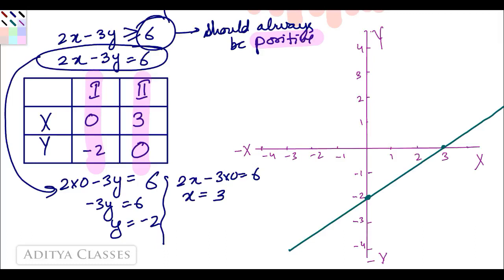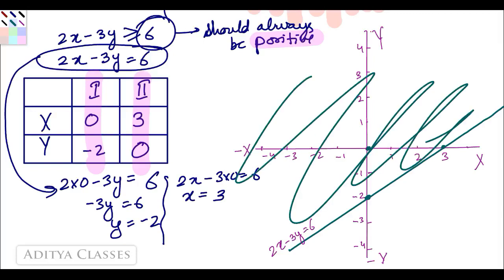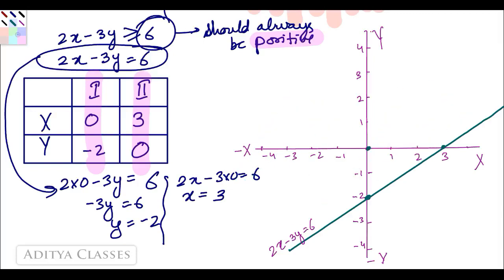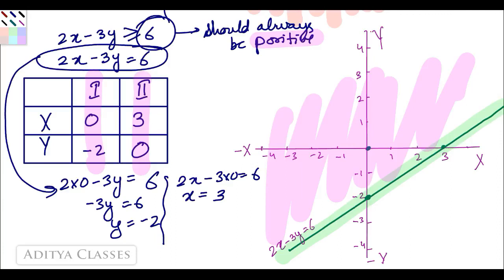Now this constraint, if you remember, this is 2x minus 3y is equal to 6, but I need 2x minus 3y greater than or equal to 6. So remember, less than area is towards origin. Where is my origin? This is my origin, and origin is on this side. We have our line over here and the origin is on this side.